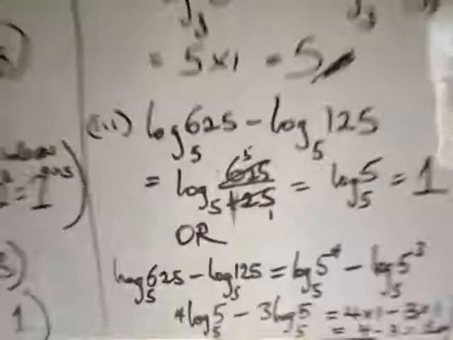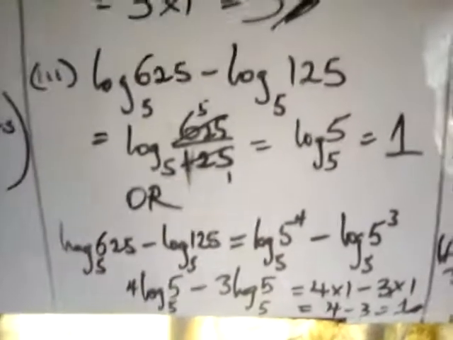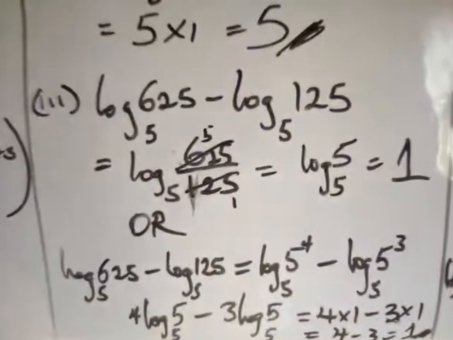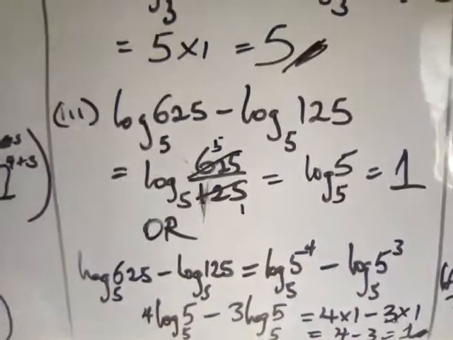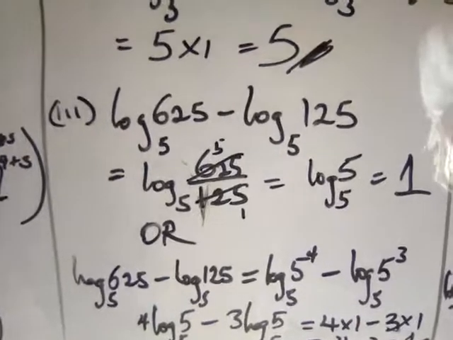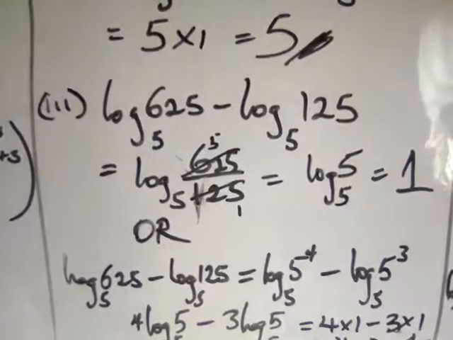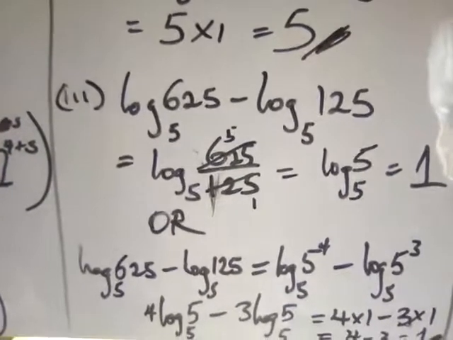Or if you don't want to solve it that way, you can also use another way, which is log 625 to base 5 minus log 125 to base 5, which is equal to log 5 raised to power 4 minus log 5 raised to power 3. Again, we are talking about common ground.